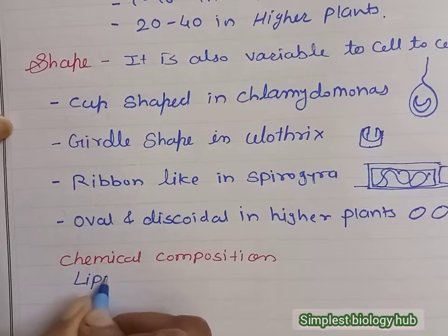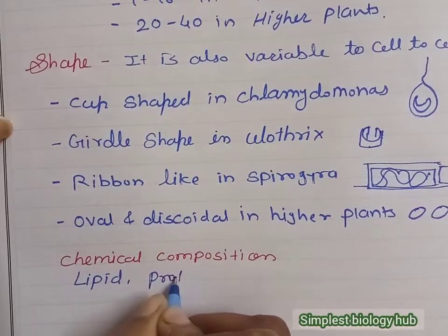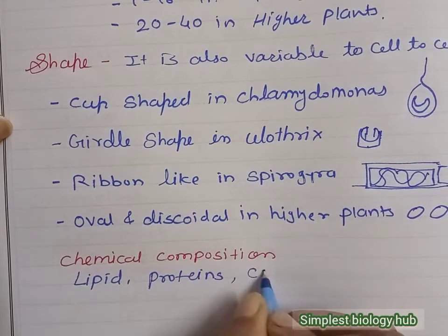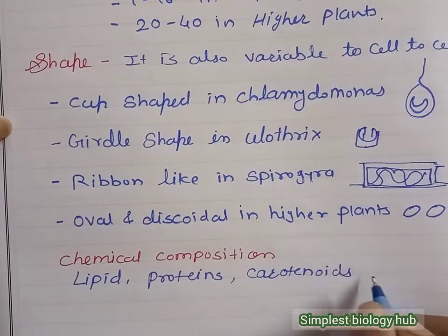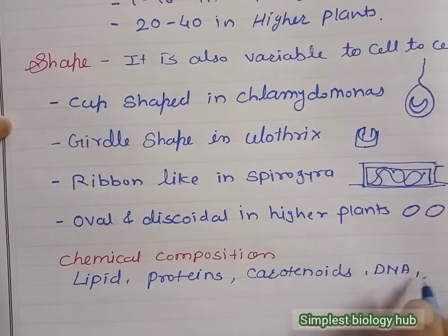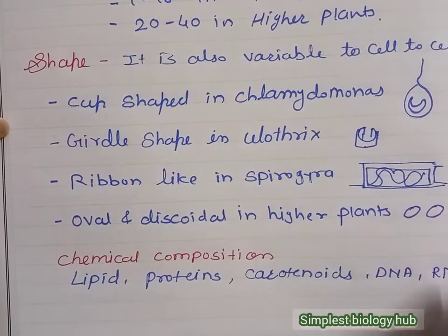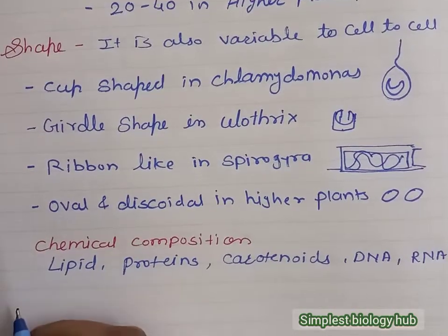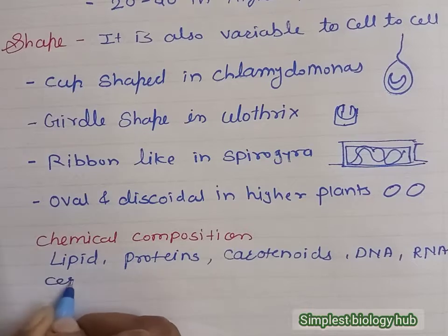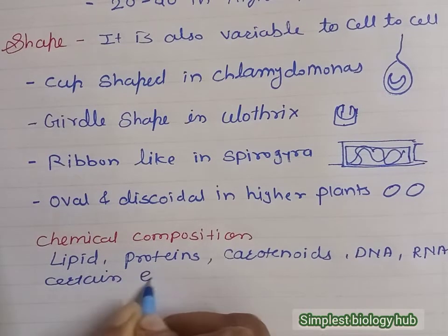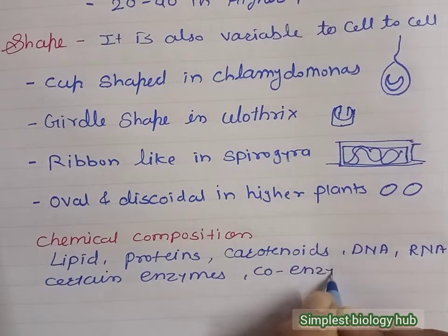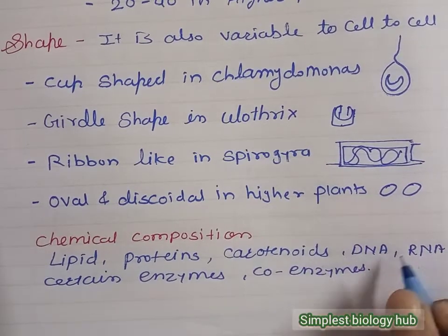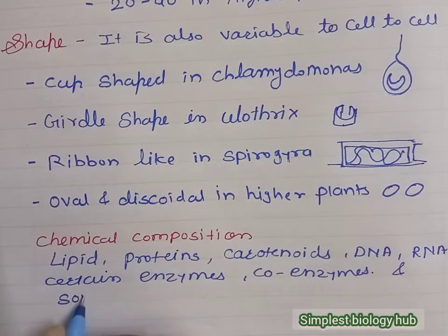Generally it is made up of some lipids, proteins, carotenoids, a small quantity of DNA and RNA, certain enzymes, and some coenzymes. Coenzymes are molecules which help the functions of the enzymes.